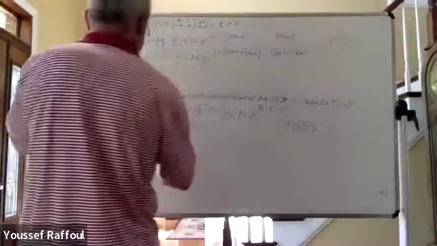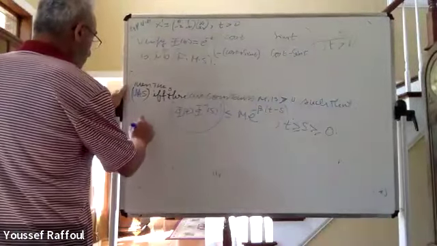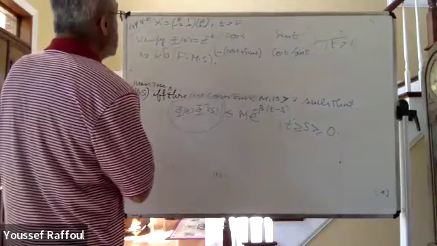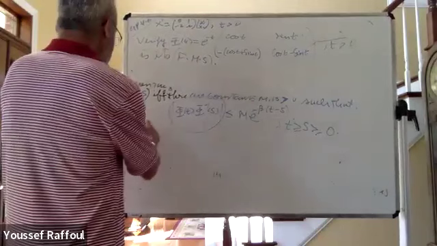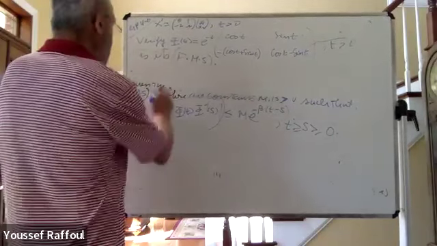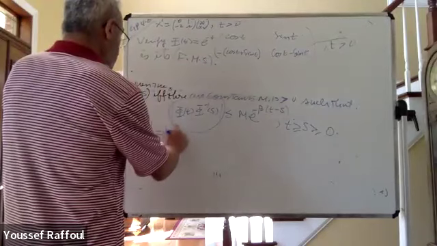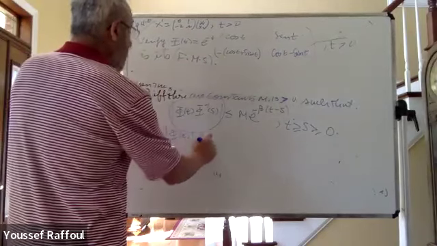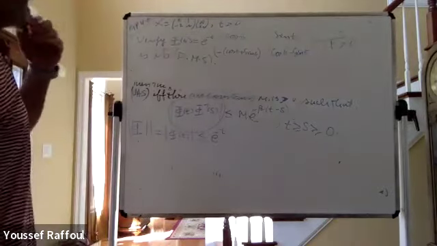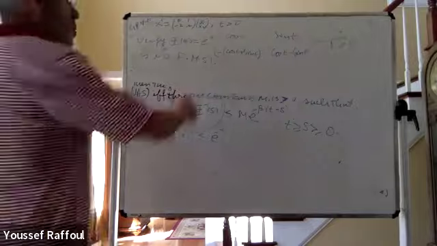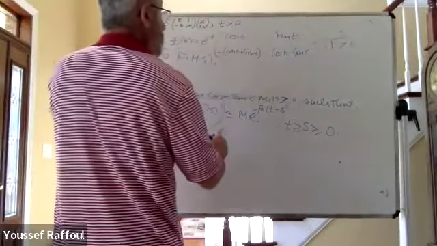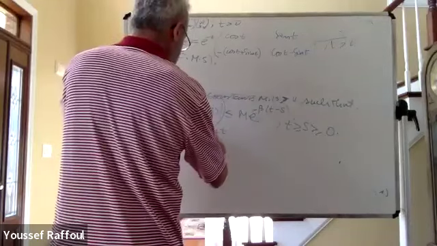Again, if you look at phi t, this is going to be less than or equal to e to the minus t times the sum of the absolute values of the entries, which will be 1, 1, 2, 2, and so on. Add these together: 2 plus 2 is 4, plus 1 is 6.